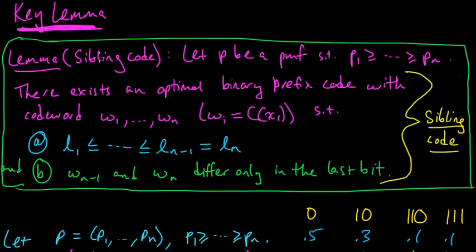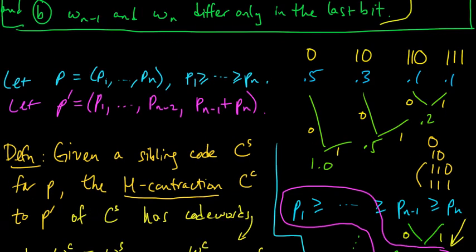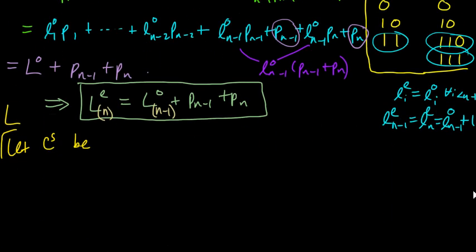Here we go. Our key lemma, the sibling code lemma, said that for any P which had this descending order, there exists an optimal binary prefix code with code words such that the lengths are non-decreasing. The last two are equal in length and they differ only in the last bit. In other words, it had these two siblings.